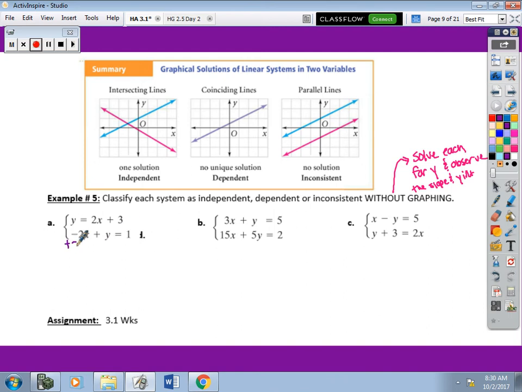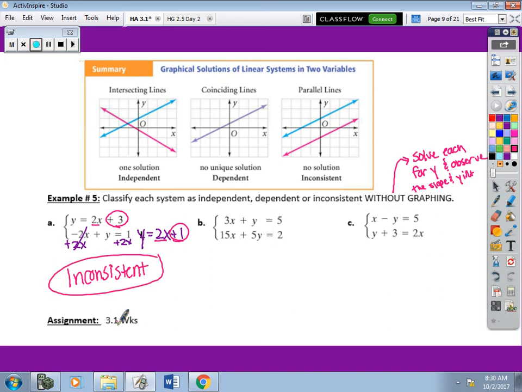For the next one, I'll have to add 2x to both sides to get y equals 2x plus 1. And then I can see that these have the same slope, but they'd have different y-intercepts, which means they would be parallel lines, which tells me that this is inconsistent. Sometimes they'll also ask you to name how many solutions. This one would have no solutions. See if you guys can try B and C while I'm passing out your homework.